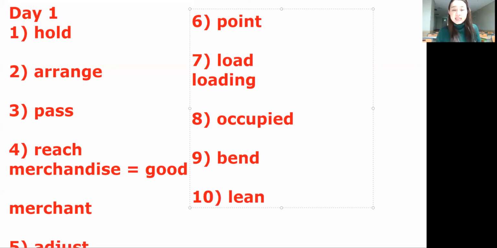Lean. There is a female singer in Korea. Her name is Lin. Of course, it's not L-E-A-N, it's, I think, L-Y-N-N or not. But yeah, she sings very soft, and her style is very soft.